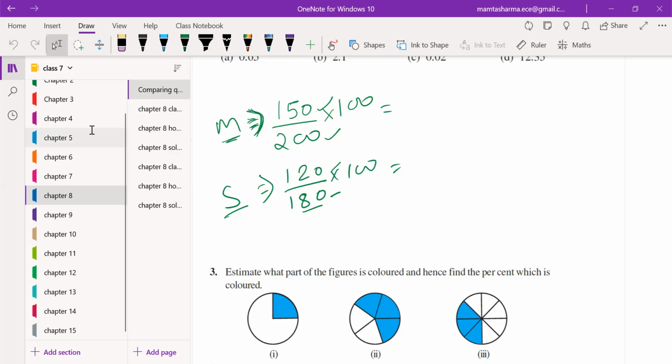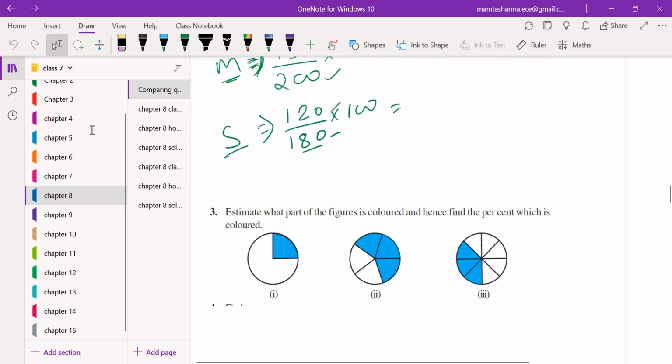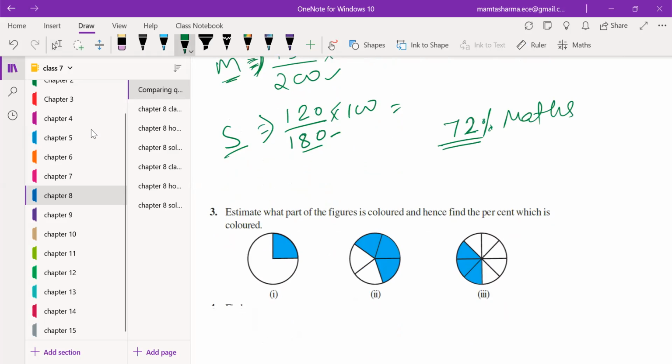Ma'am, last question. If 72% of students like maths, find out the number of students who do not like mathematics. So 72% like the maths. In percentage, we always take 100 as a reference. We assume the total is 100%.